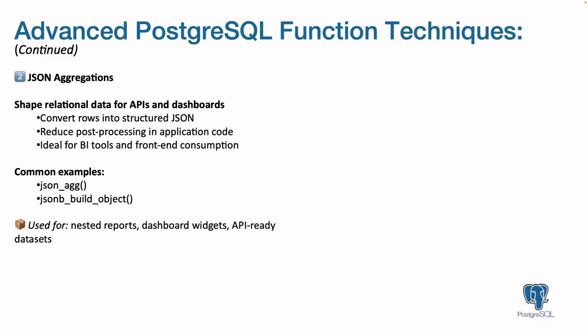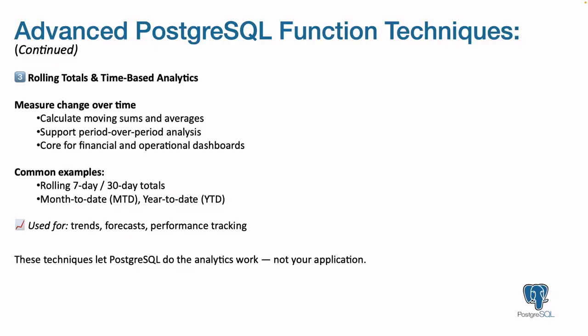Instead of returning dozens of rows and reshaping them later, we can return a single JSON object that's already formatted exactly how the front end or reporting tool expects it. This reduces application complexity, improves performance, and keeps the data logic close to the database. In other words, Postgres becomes responsible not just for storing data, but for the shaping of it.